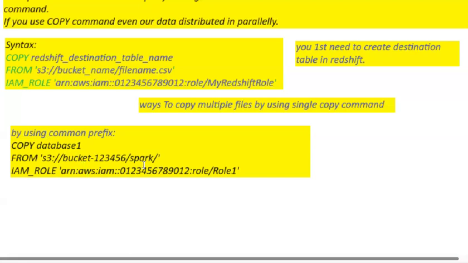But by using a manifest file, we can copy specific files within the same bucket and same folder, or within the same bucket but different folders, whatever we require. So let's see that manifest process as well.